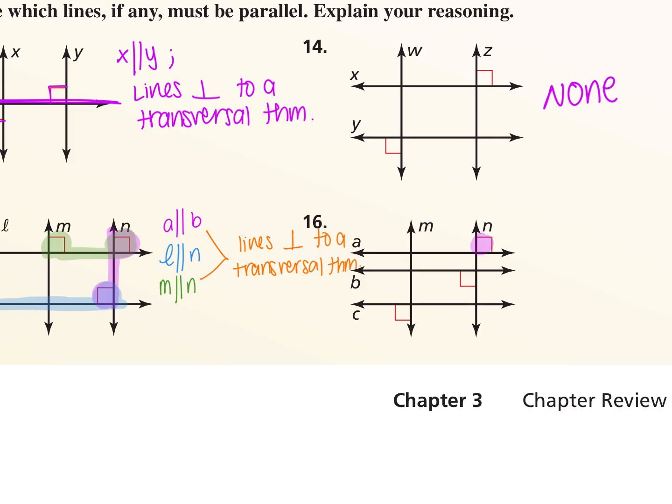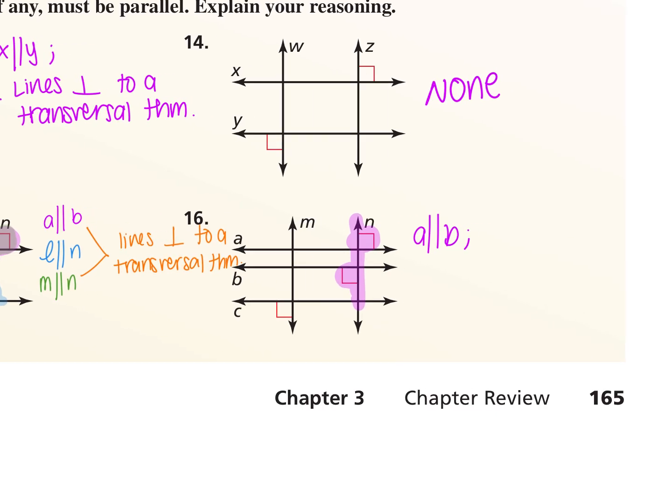So let me show you again. Here's line A. Here's line B. N is my transversal. So A is parallel to B. Same thing as before, I'm using the lines perpendicular to a transversal theorem.